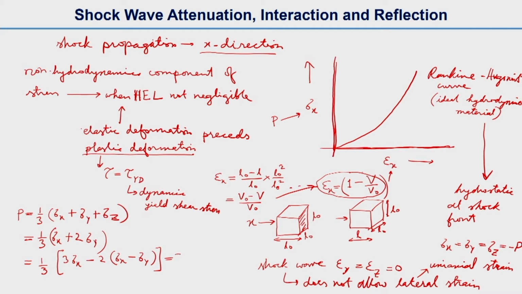So this is equal to sigma x minus 2/3 sigma x minus sigma y, which we can write as sigma x minus 4/3 tau max. That maximum shear stress tau max, I will write above: tau max is equal to half of sigma x minus sigma y.